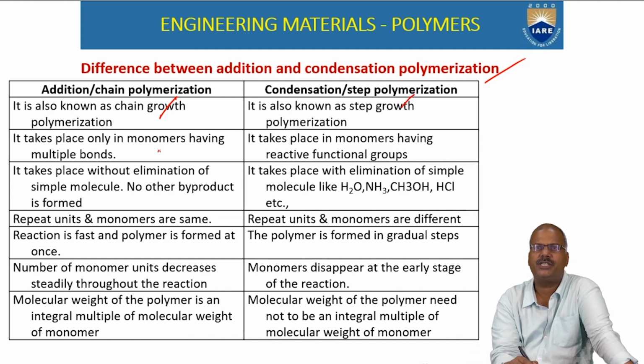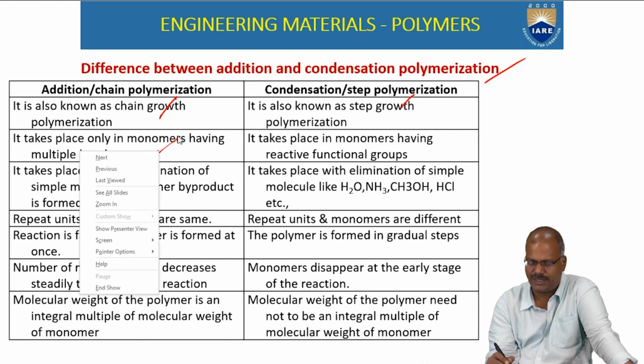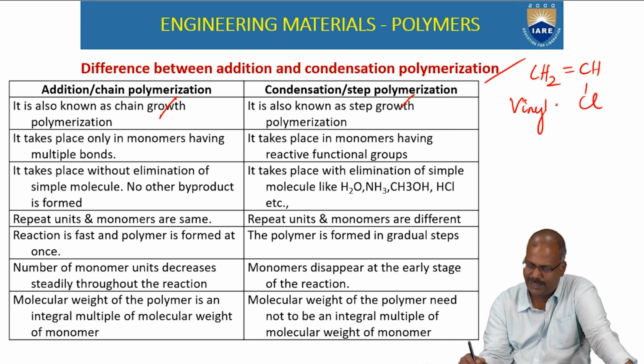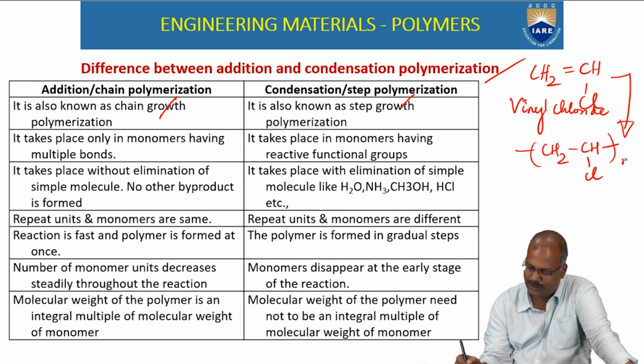Addition polymerization takes place only in monomers having multiple bonds. Yesterday we have seen the example, like CH2 double bond CHCl. This is a vinylic double bond, vinyl chloride. Polymerization occurs to give polyvinyl chloride, PVC.